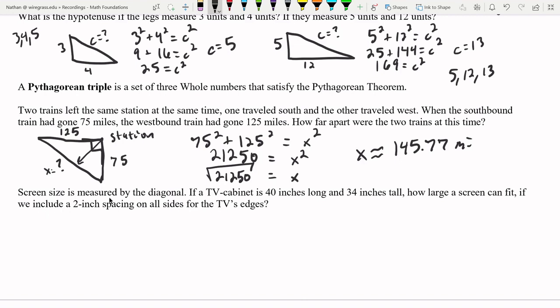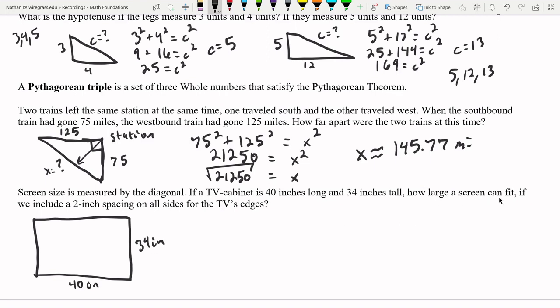Now, screen size is always measured by the diagonal because the diagonal is the largest size that you can have for a rectangular screen. So if a TV cabinet where a TV would fit into, right, is 40 inches long and 34 inches tall. So this is where a TV is going to sit inside of it. This is 40 inches and 34 inches.